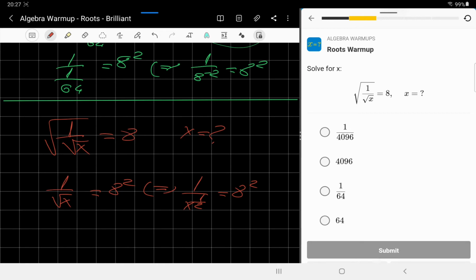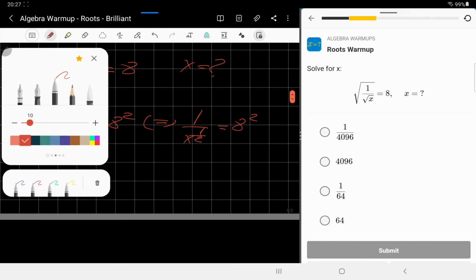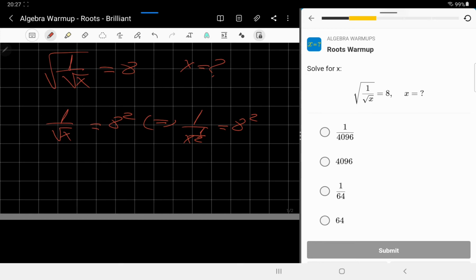This is one way to do it, but there's probably a simpler approach. We can scratch this and square one more time. So we'll have 1 over x equals 64 squared, or 8 to the power of 4.